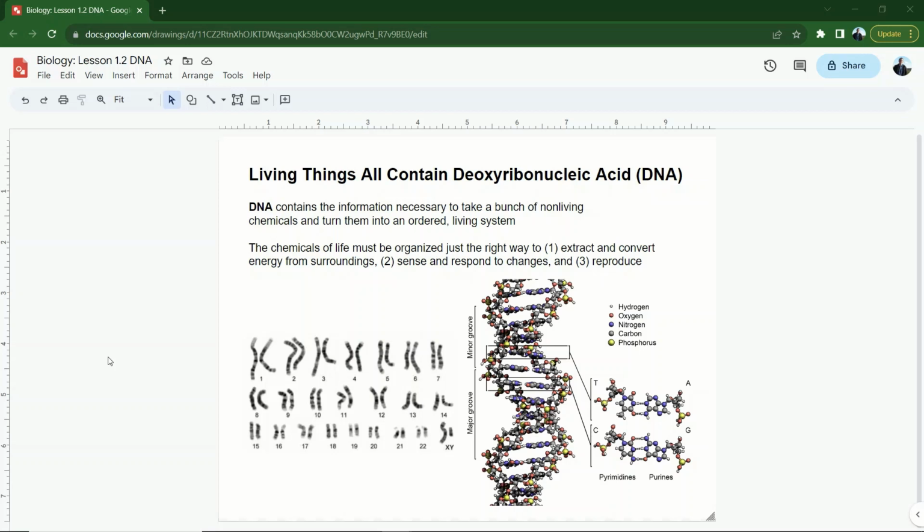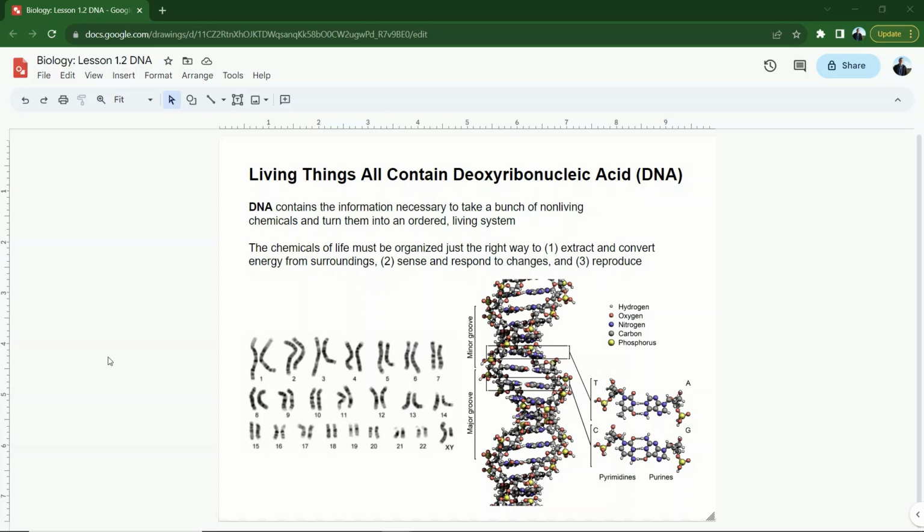Also, DNA codes your ability to sense and respond to changes. The cells in your eyes have DNA that will synthesize certain proteins that work in receptors in your eyes that allow you to see light, sensing either colored light in your cone cells or the brightness of light in your rod cells. So that's something that your DNA has to be able to do.